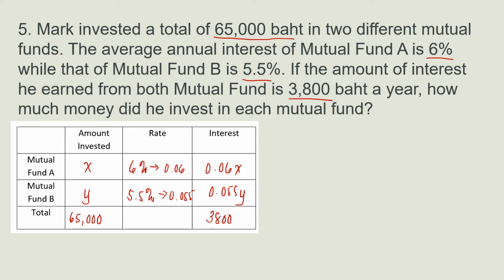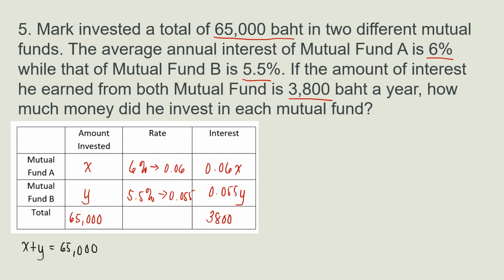The same as the previous example, we can produce two equations here. Since we have the total amount invested, we can just add x and y, and that should be equal to 65,000. That is our first equation: x plus y is equal to 65,000. Same thing with our interest.